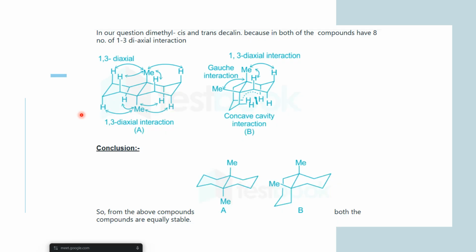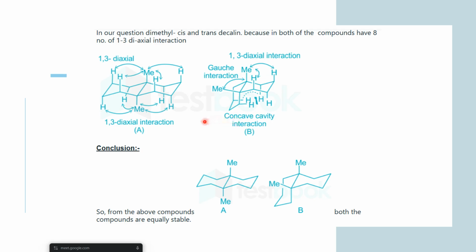So here I have listed down all the 1,3 diaxial interactions possible in A and B. And the structure B will also be having gauche interaction. So, if we consider the number of 1,3-diaxial interactions, you will see that both these compounds are having an equal number of 1,3-diaxial interactions.